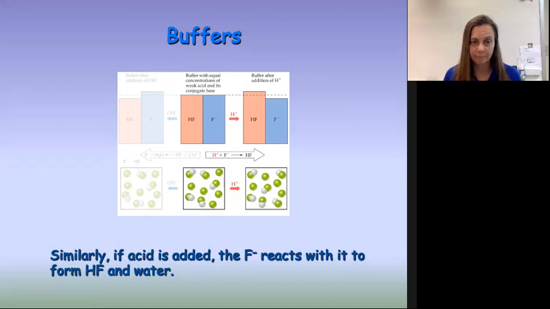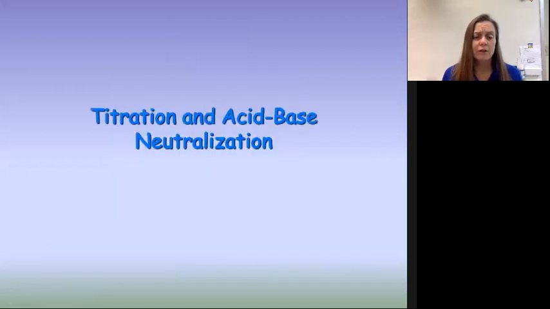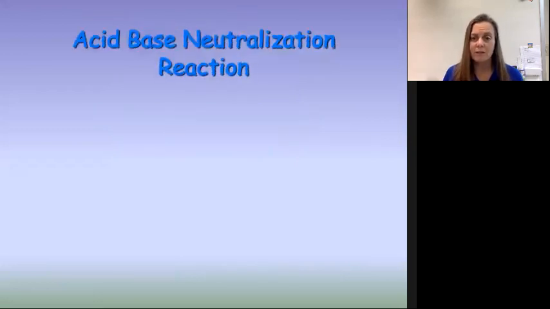So that's a buffer. Now let's talk about titrations. Titrations are a way for us to determine the concentration of some unknown acid or base. So we have to go back and review neutralization reactions.